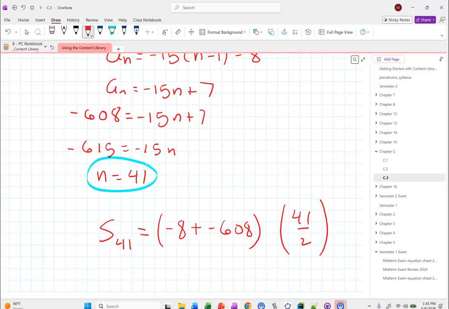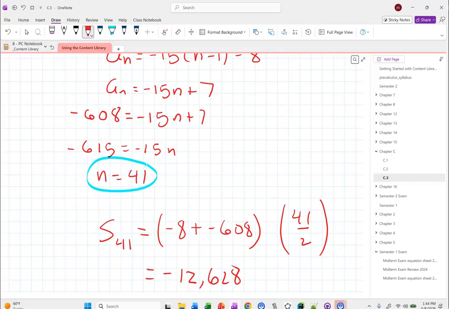Times that. Everybody feel okay? So what do we get when we type this all into the calculator? Negative 12,628.